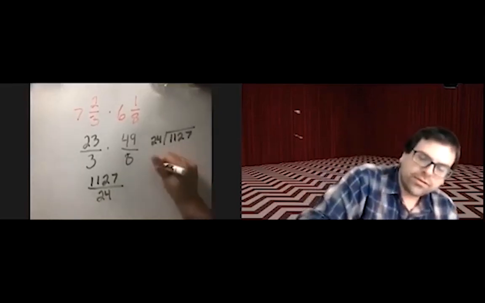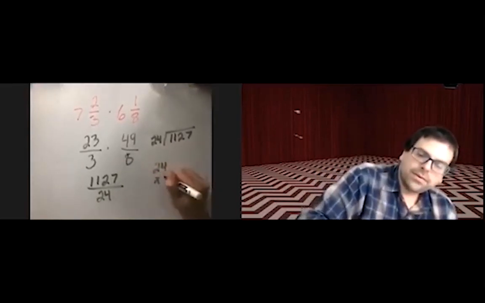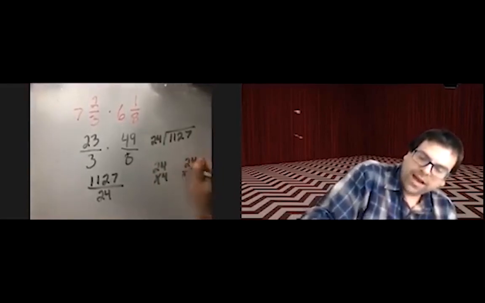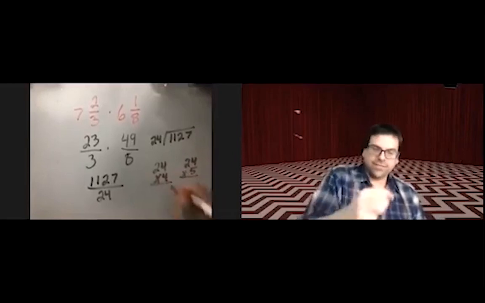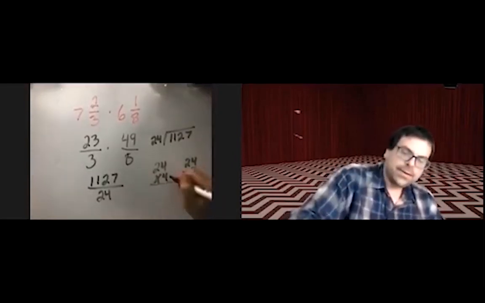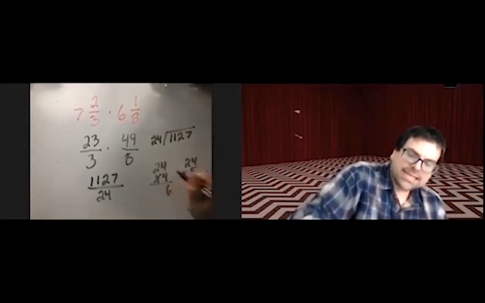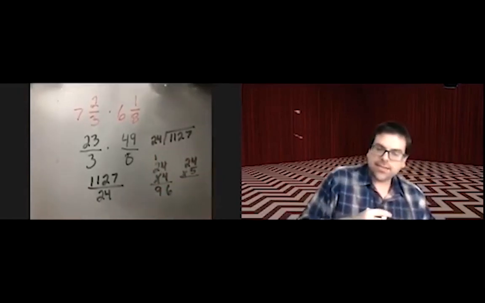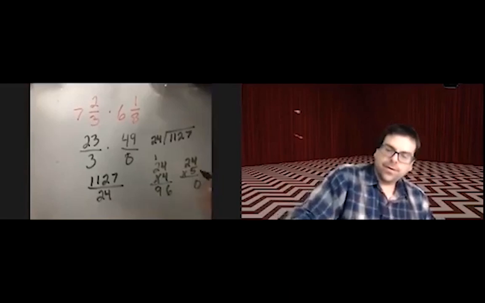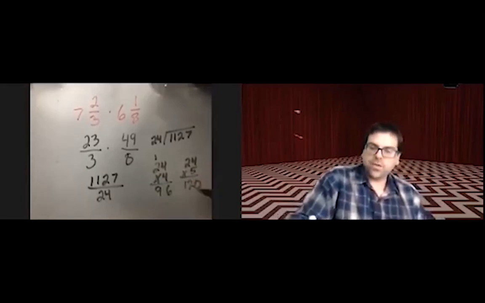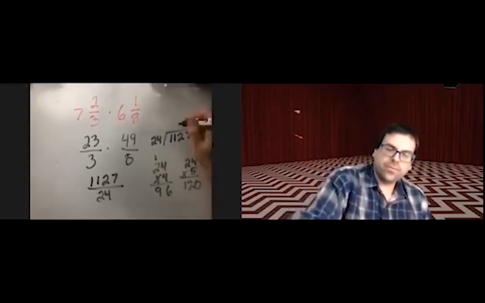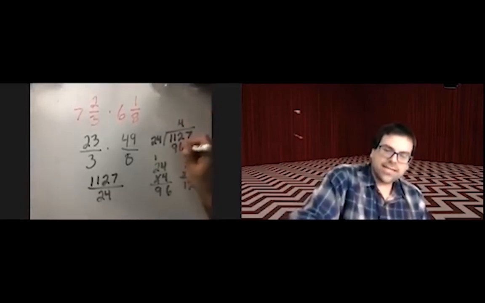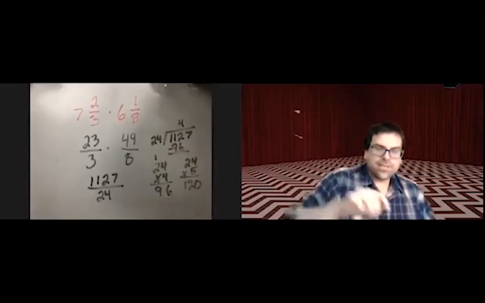So let's look at 24 times 4. Let's take a look at 24 times 5 and make sure that 5 doesn't fit in. 4 times 4 is 16. Carry the 1. So that's 96. Times 5 is 120, so 5 won't fit, but 4 does. 4 times 24 is 96. We subtract.